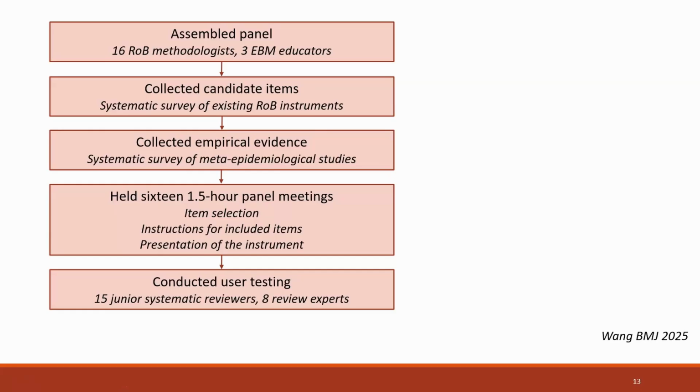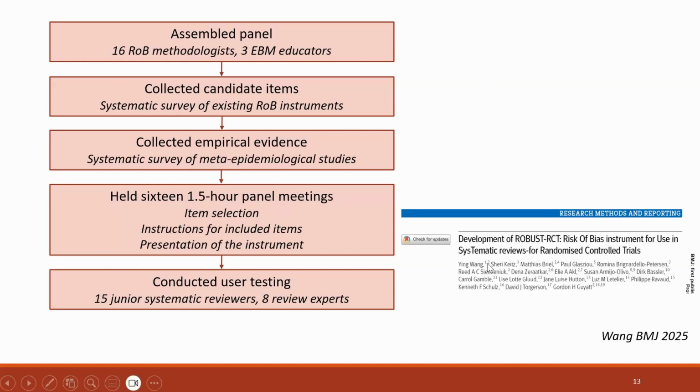did a user testing involving 15 junior systematic reviewers and 8 review experts who actually applied the tool then to a series of randomized controlled trials included in systematic reviews. And so these parts then formed the basis for our article publication of the robust RCT development.